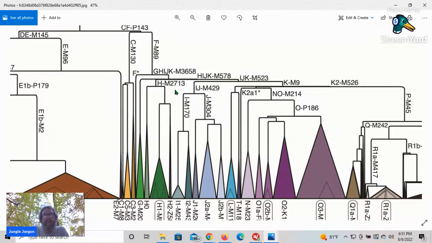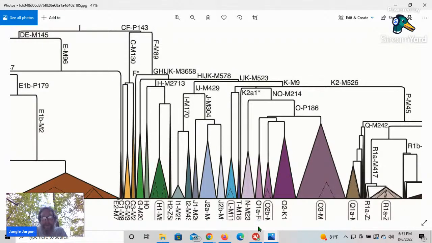Because they don't have these identifiers, right? They don't have this identifier, and this group doesn't have this identifier. This group doesn't have this identifier. So that has to be the order of birth, because Japheth was born first, and it goes this way.